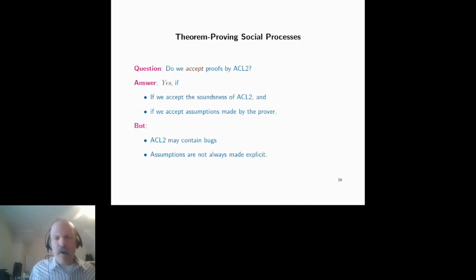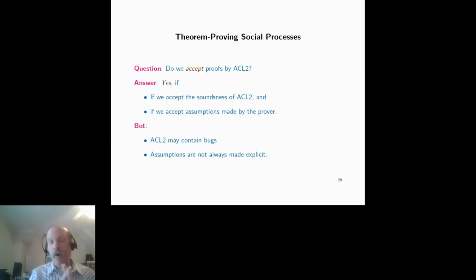Now let's go back to the confidence. So remember, Miller, Lipton, and Perlis made a very strong argument that we are going to lack social processes to accept proof. So should we accept proof by ACL2? Well, we have to accept the soundness of ACL2, and we have to check the assumptions. Assumptions have to be made explicit.